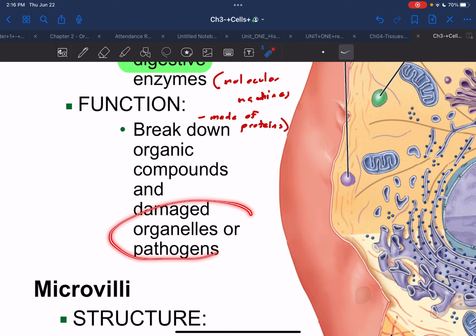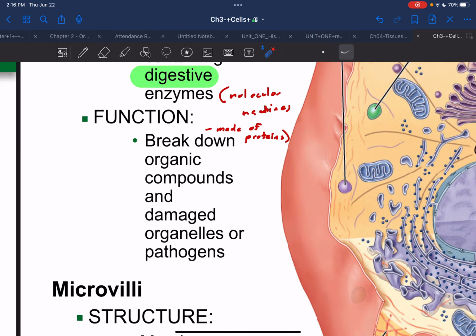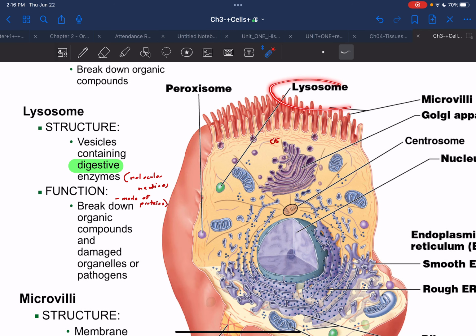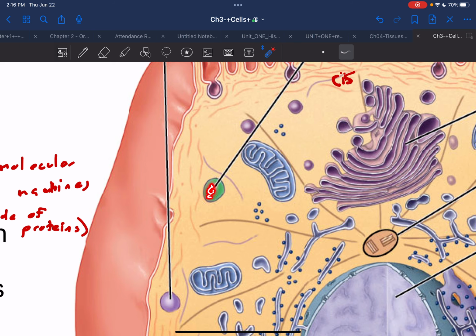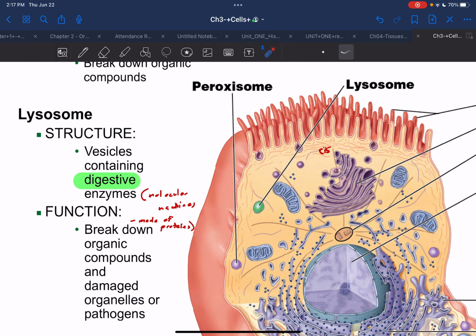So that stuff that they possess inside, the digestive enzymes, are dangerous to you because they break and destroy these when they're old, damaged. So they need to be separated from the components outside. And that's why these lysosomes are these little vesicles that contain or separate contents from the rest of the cell.